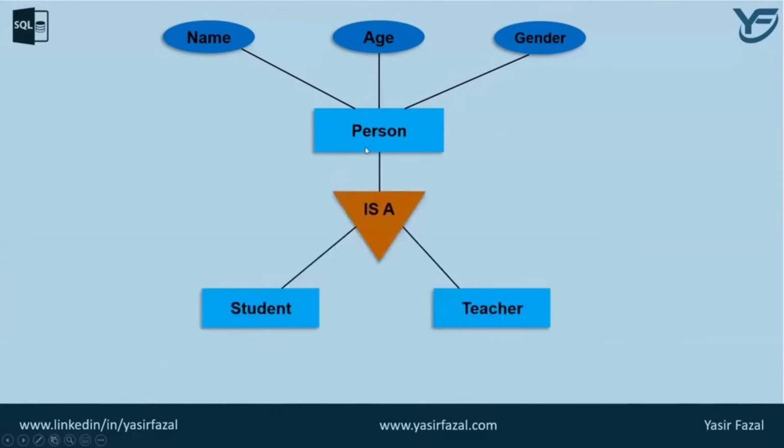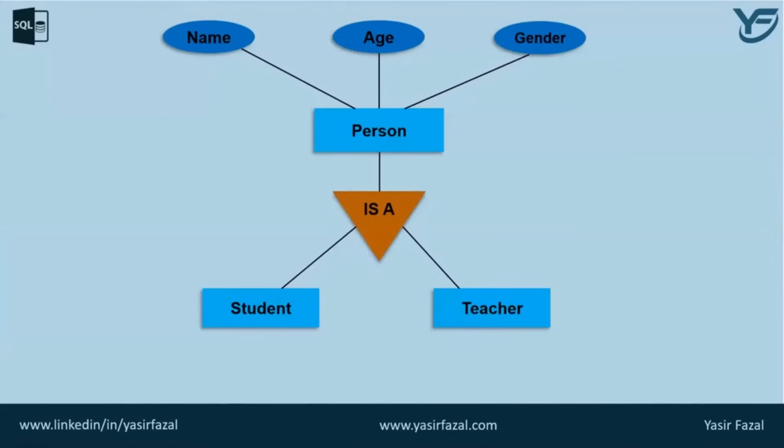And this person entity is specialized into student and teacher. What I am doing here is, I have a school database management system, and within it I have different sets of personnel, and that set of personnel is broken down into student and teacher.